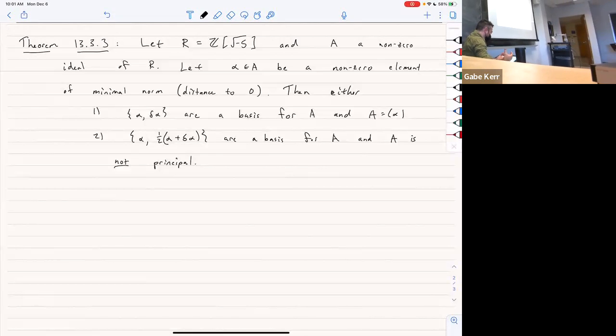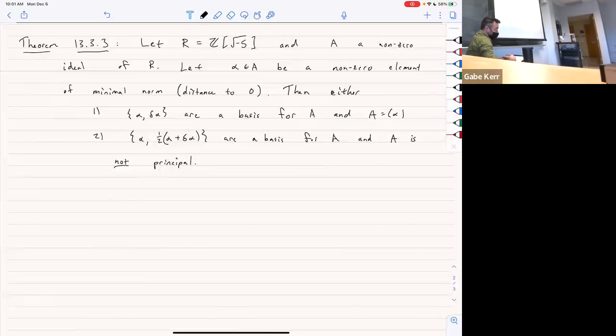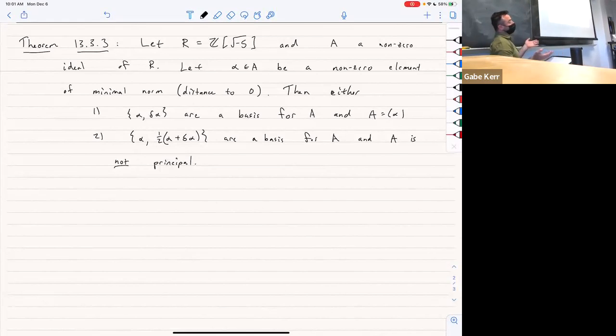What he says after this theorem is really worth understanding: if you're looking at all the ideals of this particular ring, they fall into two camps. In one camp, they look like the ring itself.